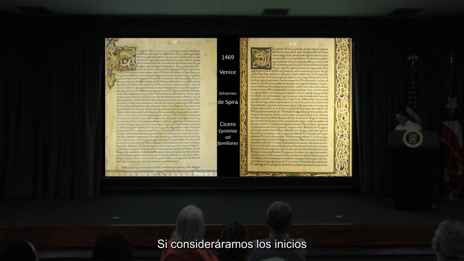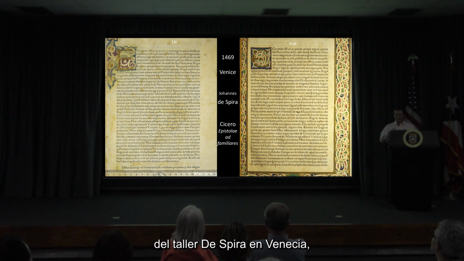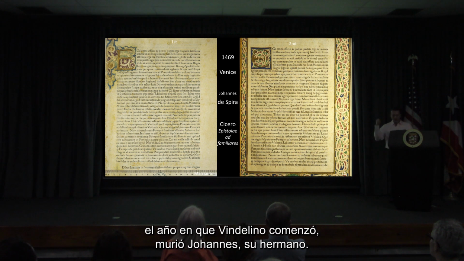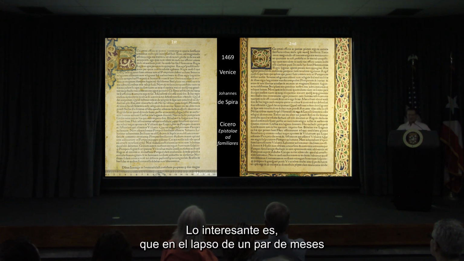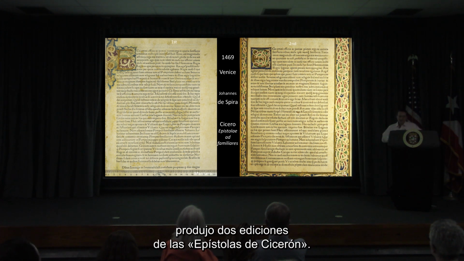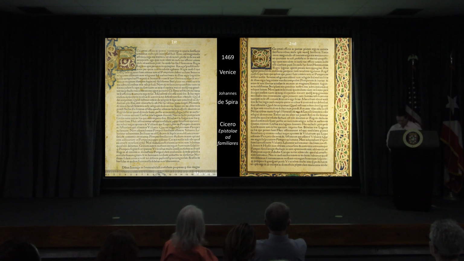If we were to consider the beginnings of the Spira workshop in Venice, Johannes, the brother of Vindelinus, started. He died that year. And what is interesting is that within the span of a couple of months, he brought out two editions of Cicero's Epistolae.